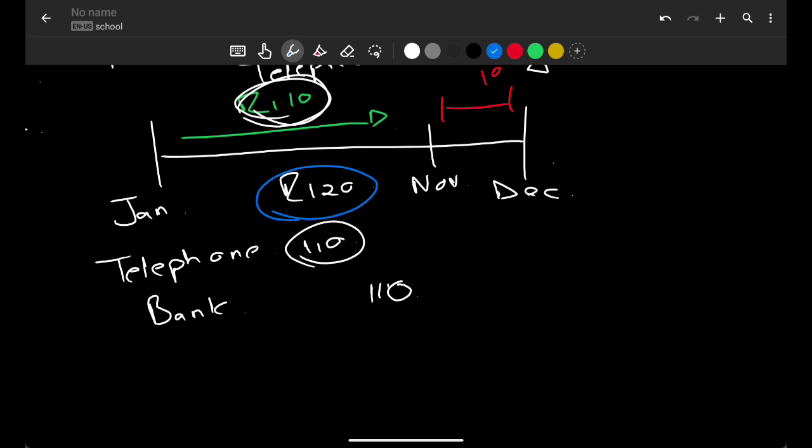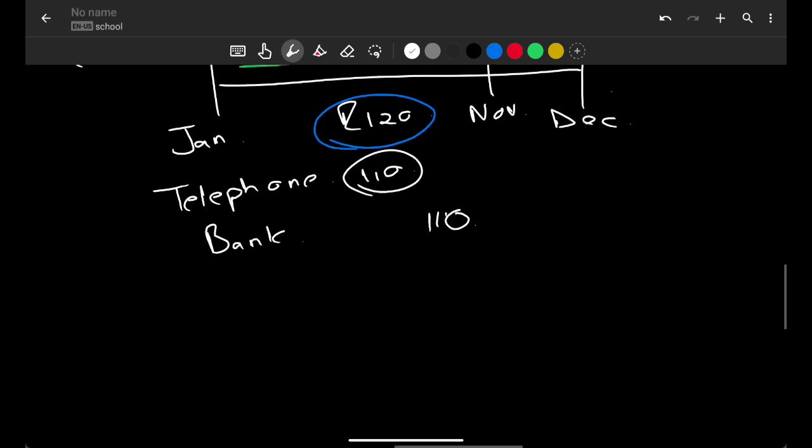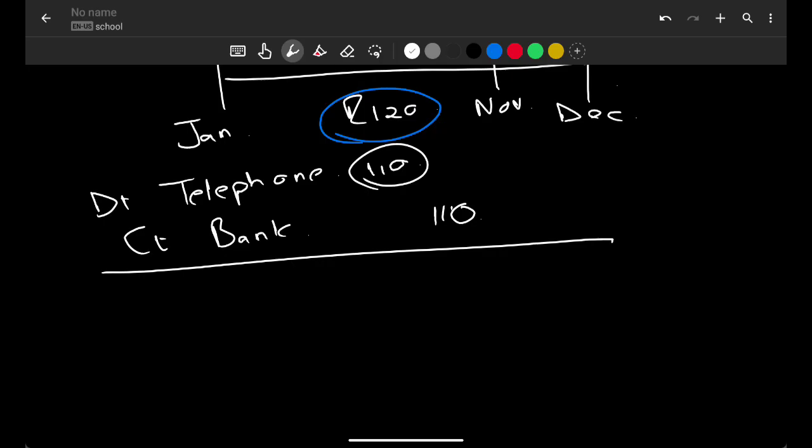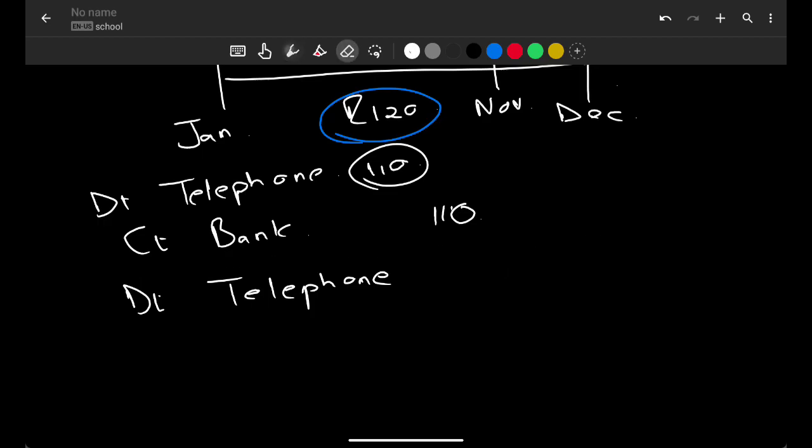So what I'm going to do to add that extra month, I'm going to say this is debit, this is credit. That's the first account. Second transaction is I'm going to debit telephone, right? To say that the full amount I was supposed to pay was 120 rand. No, sorry, not 120 rand. I'm supposed to add another 10 rand to the account.